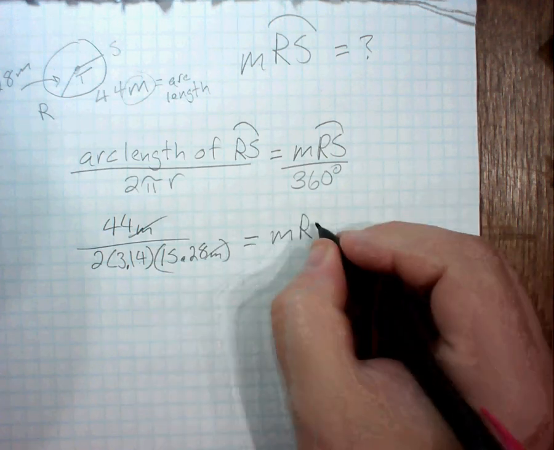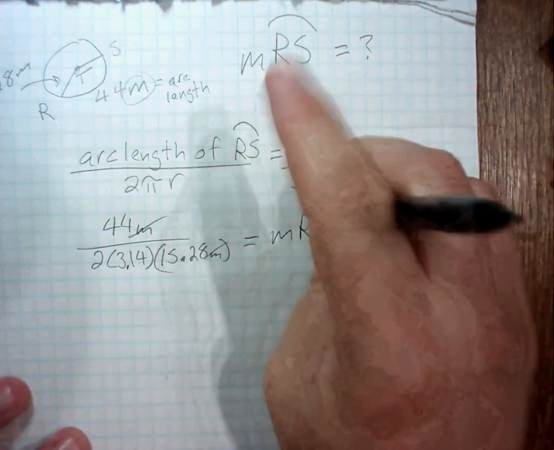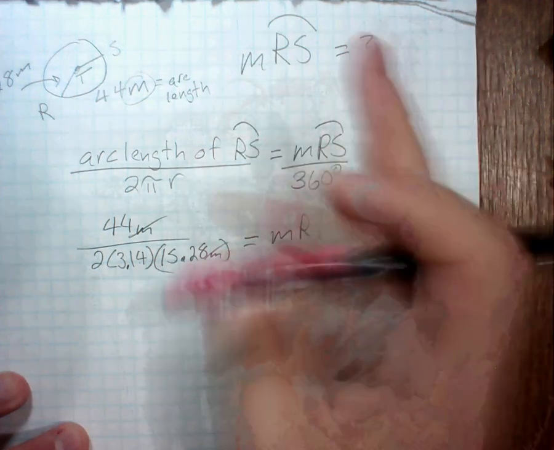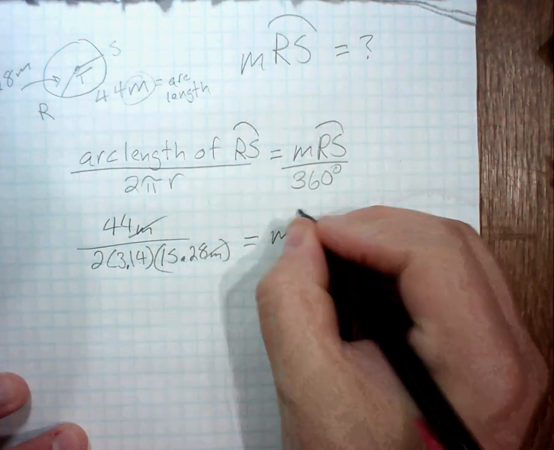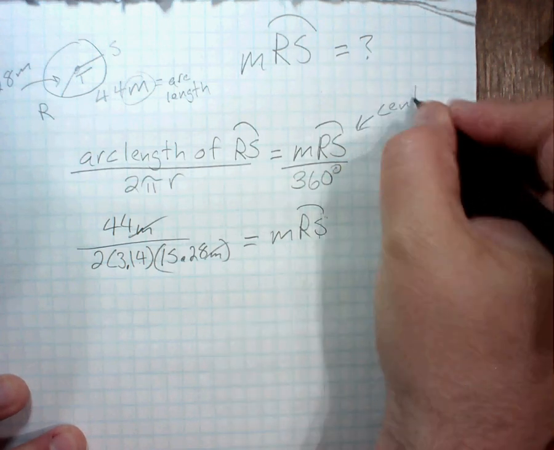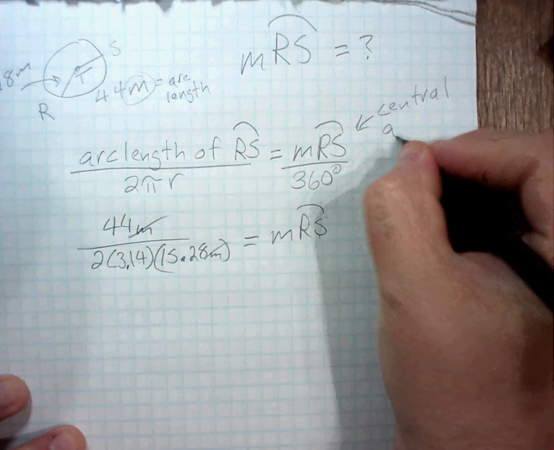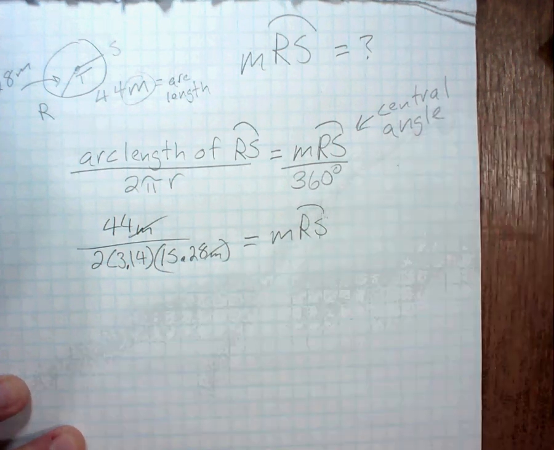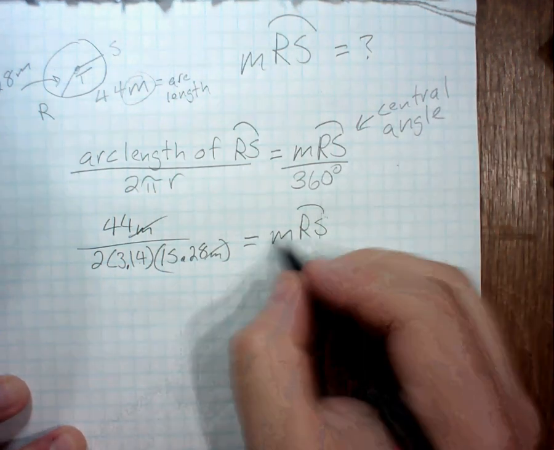And then I got the measure. This is the central angle, right? This is the same as the central angle. In other words, your answer should be in degrees, all over 360 degrees.